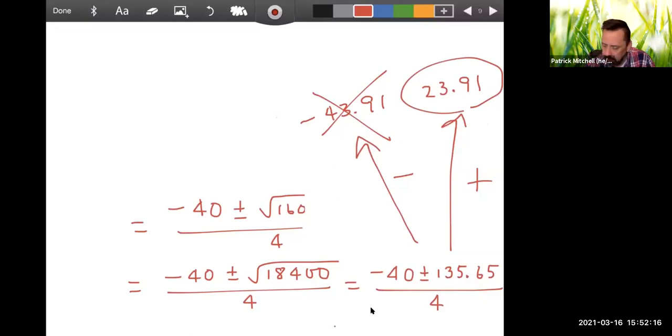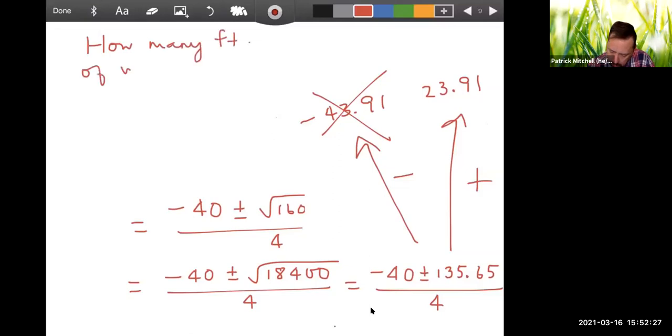The question was, how many feet of walking distance? This is where my A students got tripped up. They figured out 23.91, but they missed the fact that that wasn't the answer to the question. How many feet of walking distance are saved by cutting across?